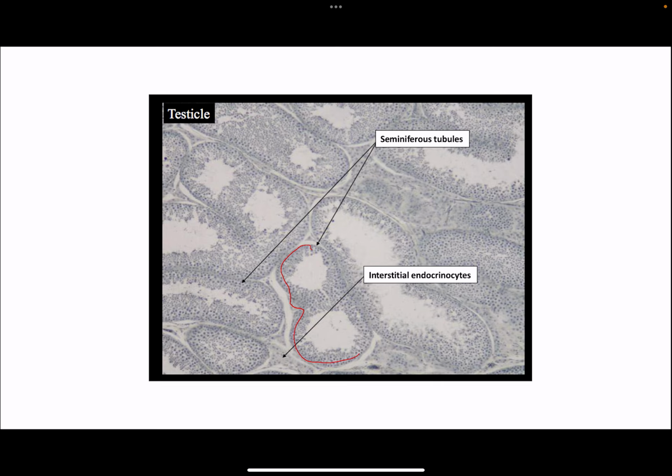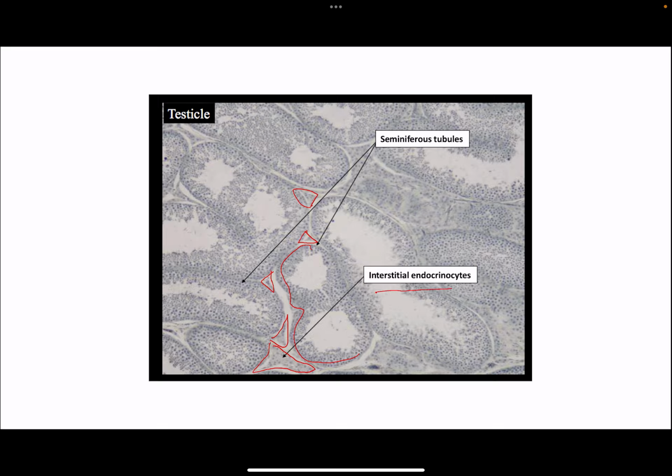Also, you see these cells around that seminiferous tubule. See this one around, this is another one. Over here you will see this one around the seminiferous tubule.